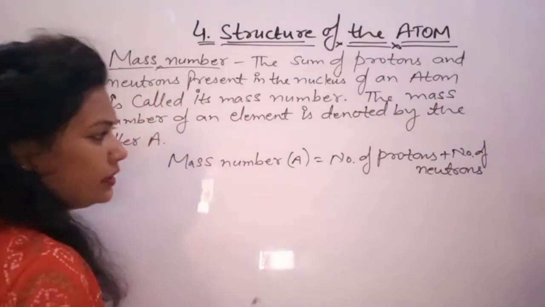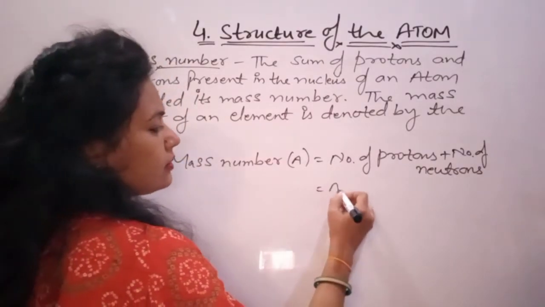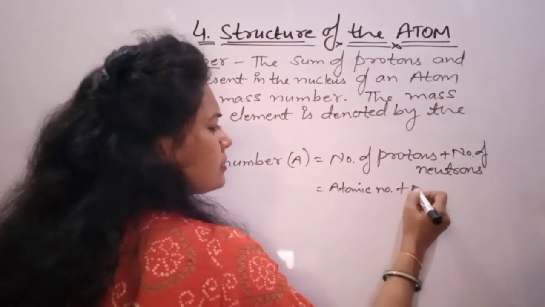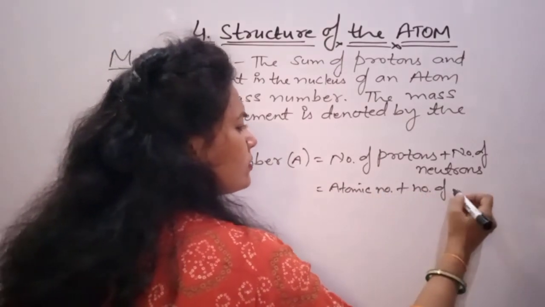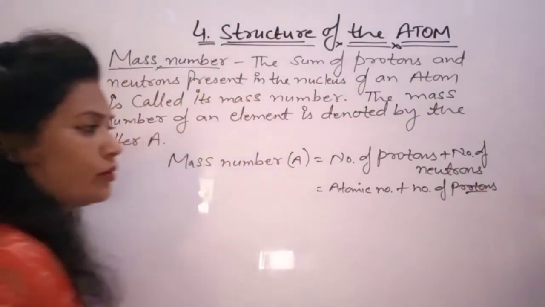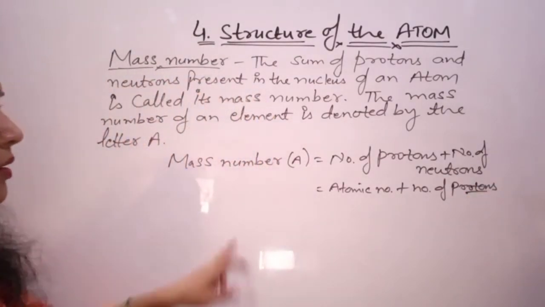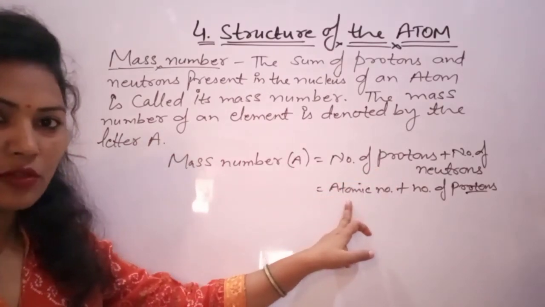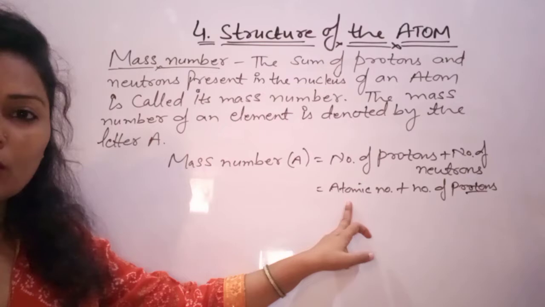Or you can write atomic number plus number of neutrons, because the number of protons is always equal to the atomic number. So you can write this also.